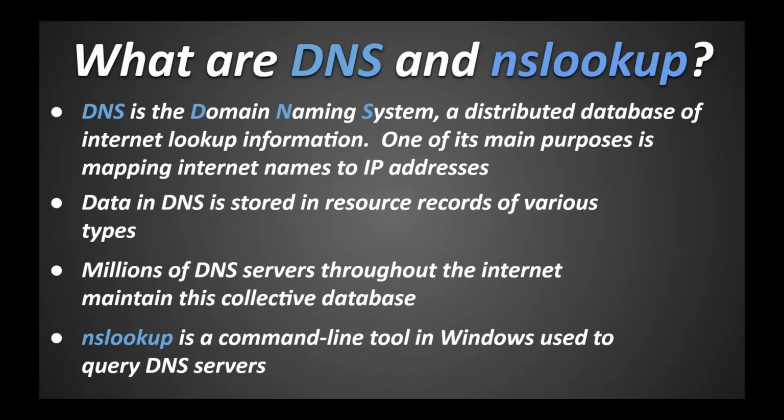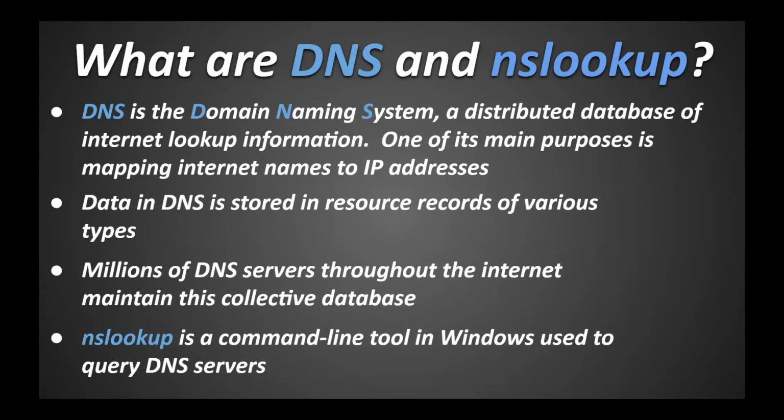And NSlookup is really a way to ask questions to a particular DNS server that you point at. Like, what is the IP address for this host name? You point it at the server, it'll give you a response, or it'll say, I'm down, or there's no server, or whatnot. But it's a way to query a DNS server.